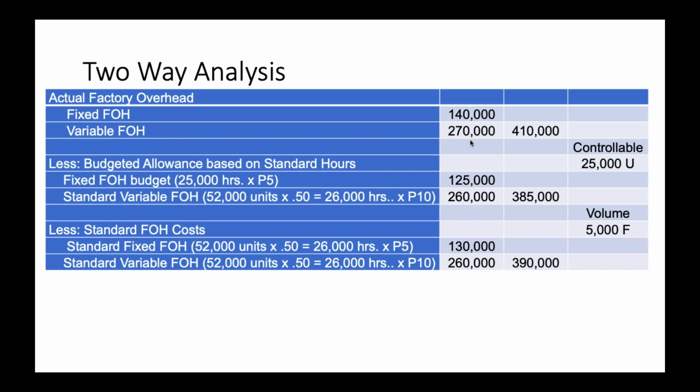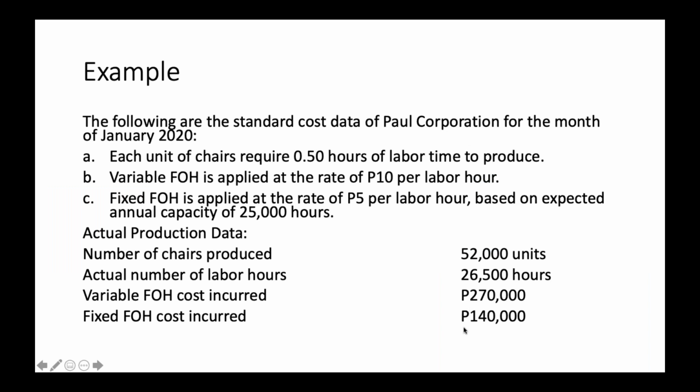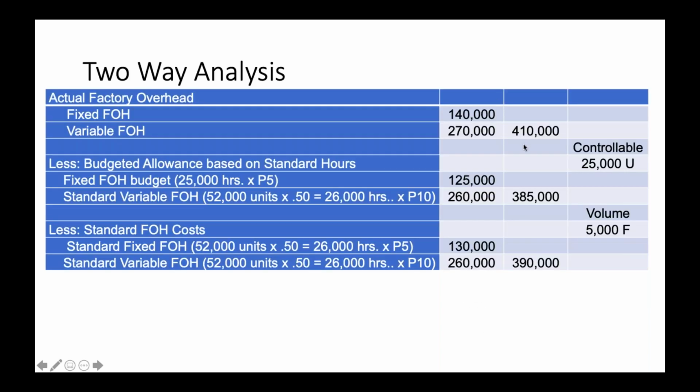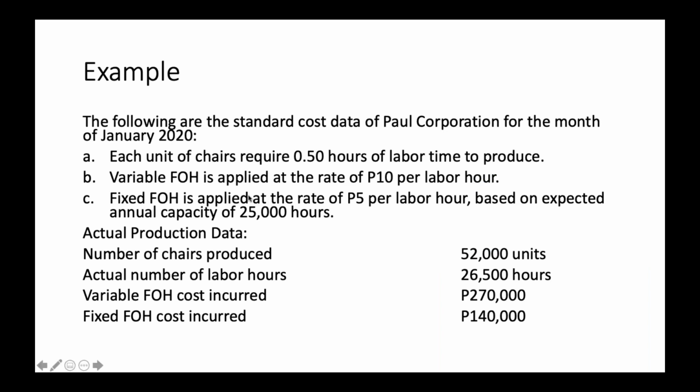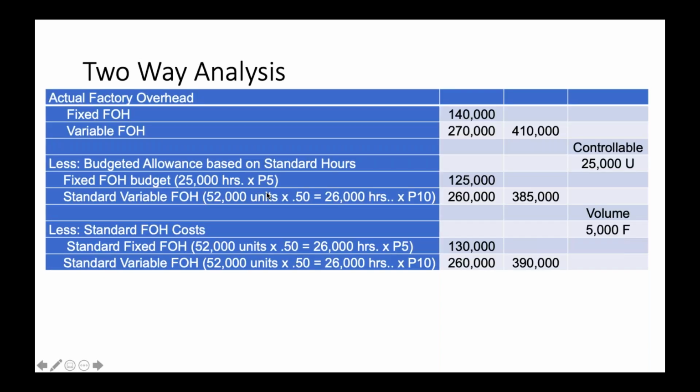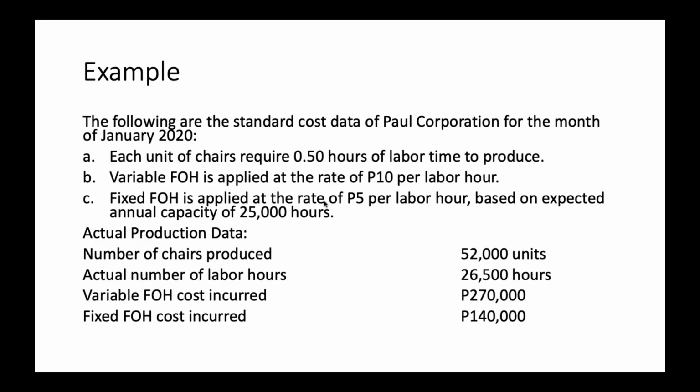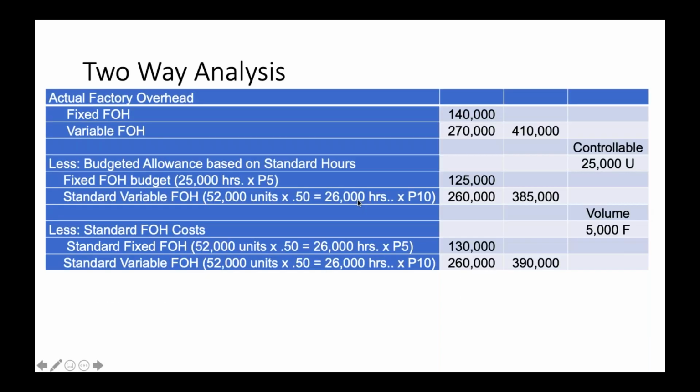And then the budgeted allowance based on standard. Again, the fixed cost is based on the normal capacity of 25,000 hours. We just go back to 25,000, the normal capacity, at 5 pesos. That's the standard rate, 5 pesos.